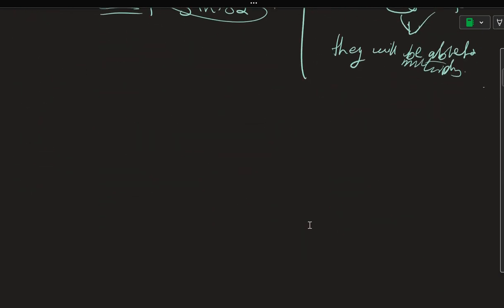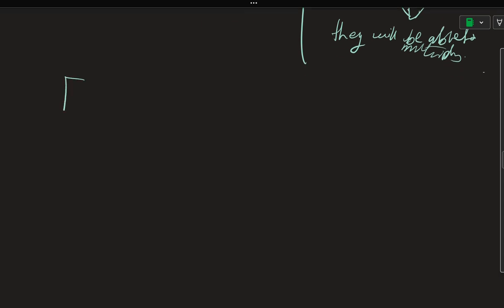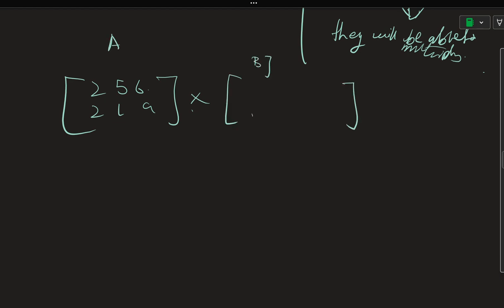So if you are asked to multiply, suppose this is the A matrix and this one is B, 1, 2, 2, 4, 6, and 1. The order of a matrix is rows into columns. Here rows are 2 and columns are 3.